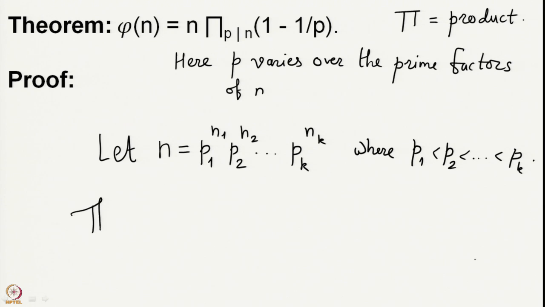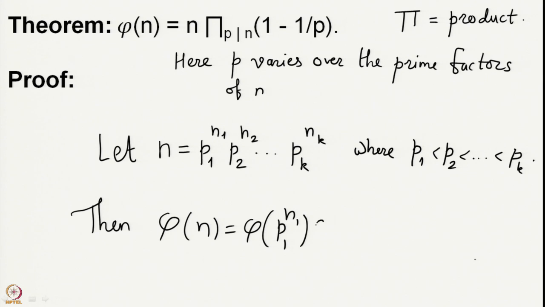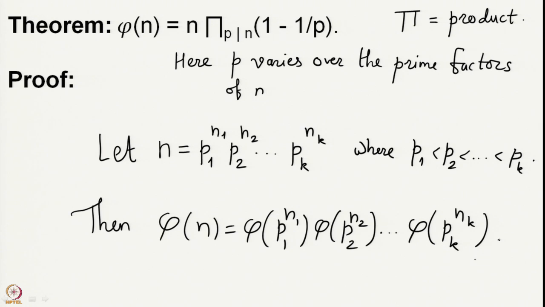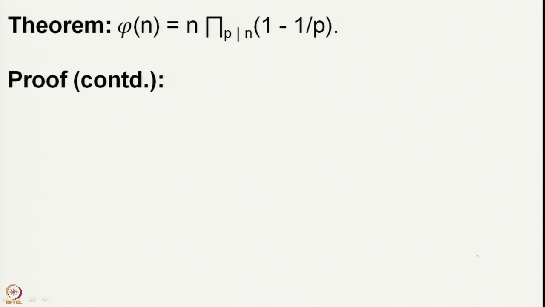And then as we have observed in the last slide, phi of n is going to be phi of p1 power n1, phi of p2 power n2, dot dot dot up to phi of pk power nk. This is using the second lemma that we have proved in the last lecture. Here each of these phi values are known to us. We will simply put the phi values for each of these pi power ni and then combine them to get the result for our n.